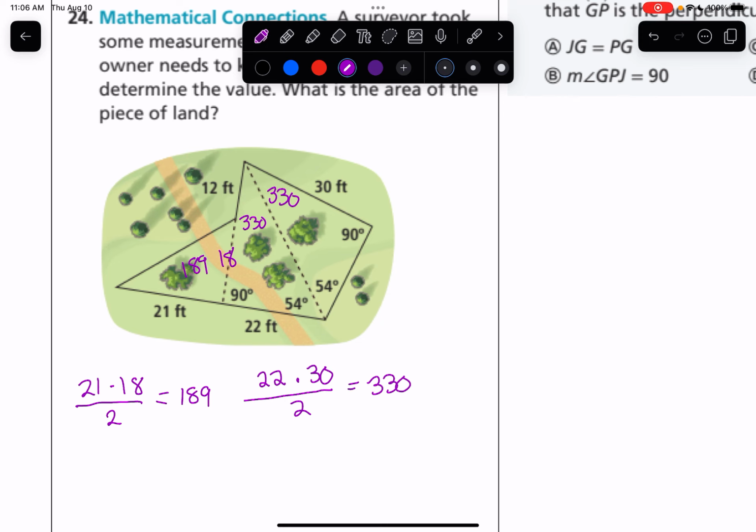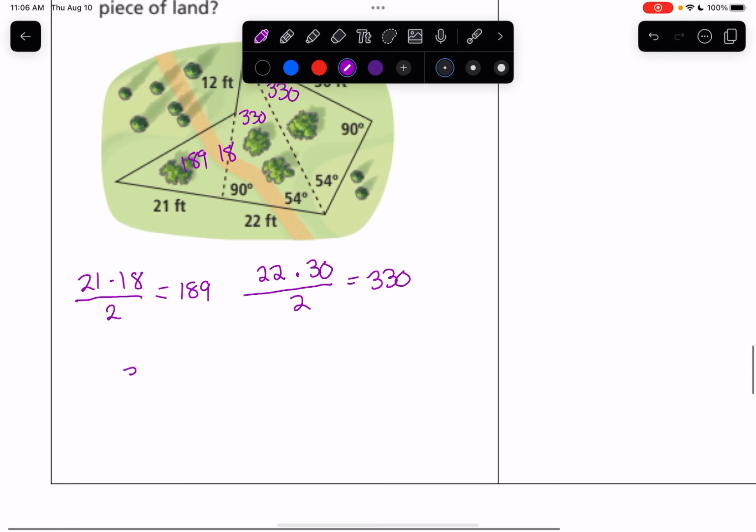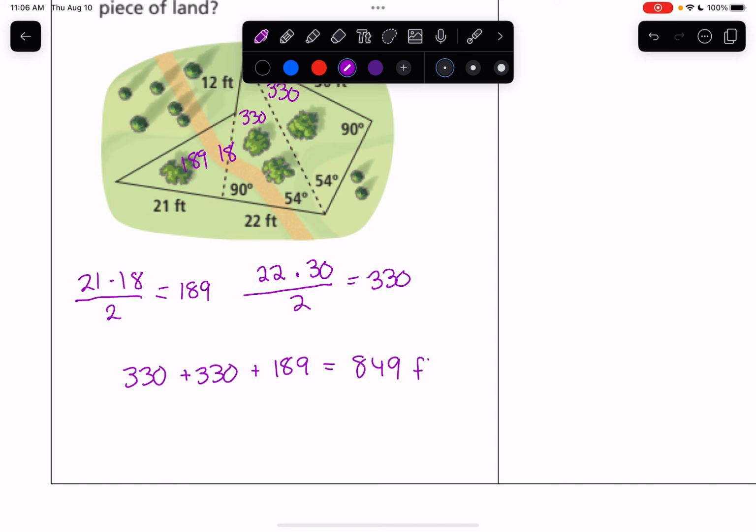So the area of the entire piece of land is 330 plus 330 plus 189, which is going to give me 849 feet squared. So 849 square feet. Is that not a rectangle? Whatever, it's close enough. Okay.